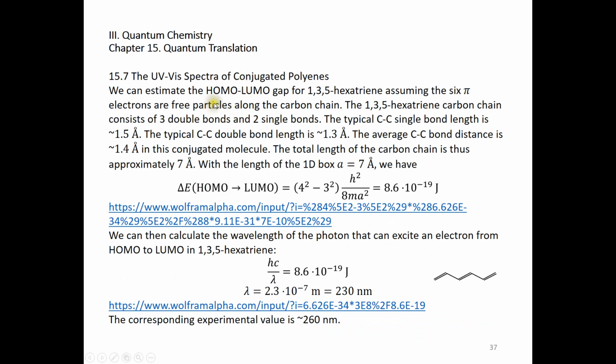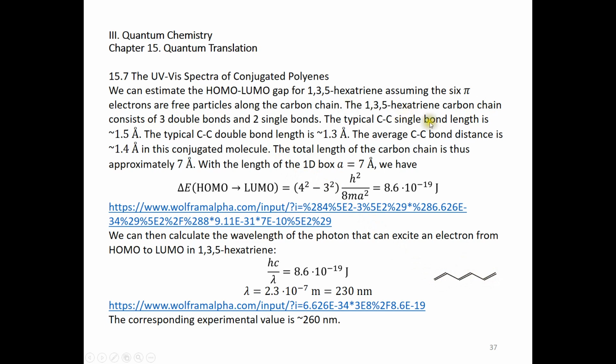Now we'll just estimate the HOMO-LUMO gap for 1,3,5-hexatriene, assuming that 6 electrons are free particles along the carbon chain. We need to determine the length of the one-dimensional box. The carbon chain consists of 3 double bonds and 2 single bonds.